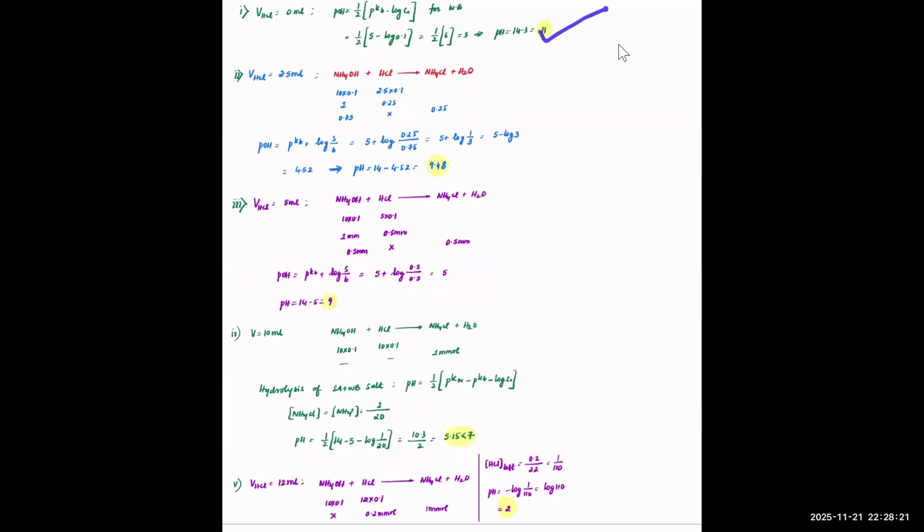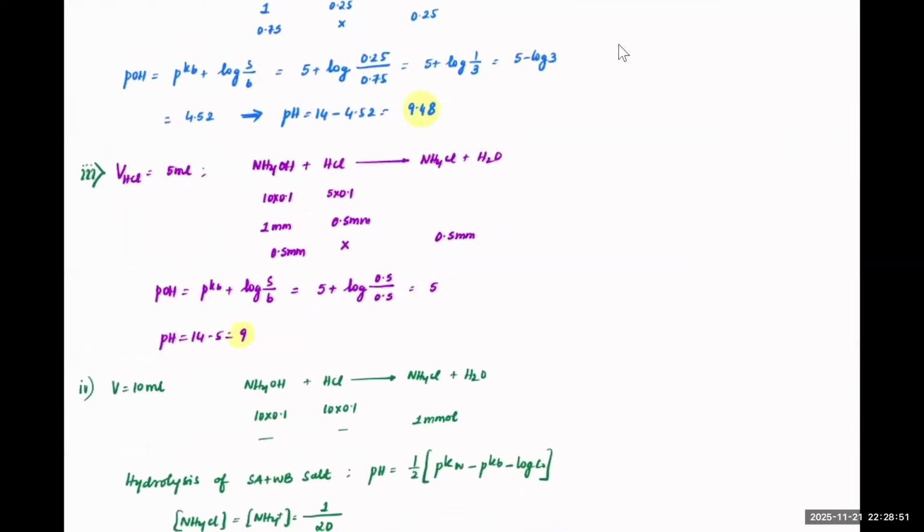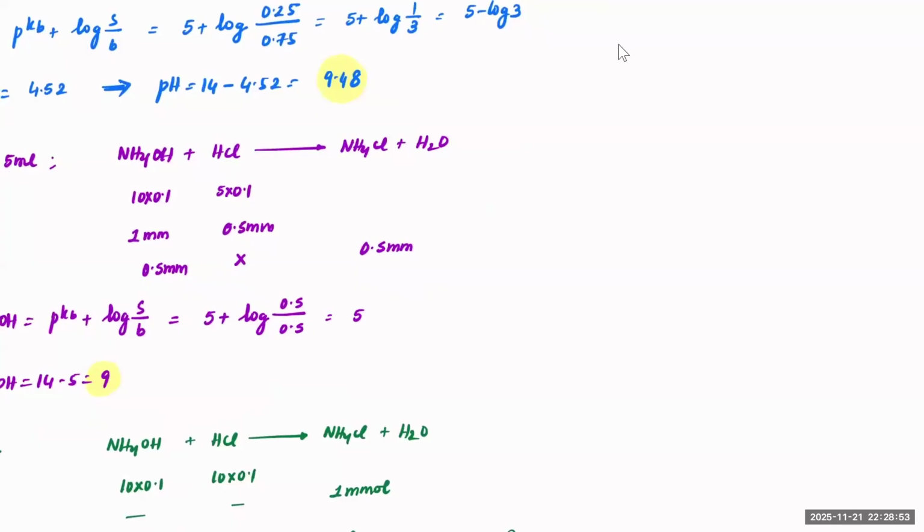So the first value is 11, 9.48, 9, 5.15, and 2. Is this good, everyone? Check.